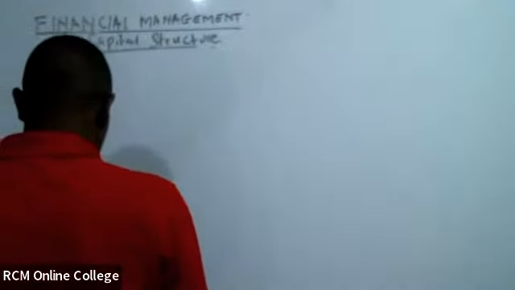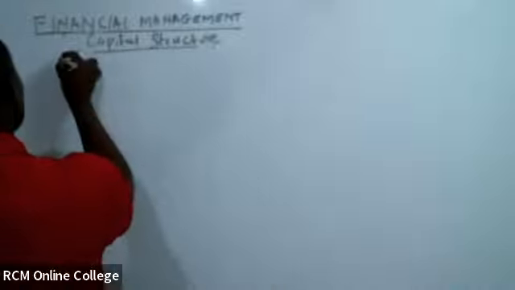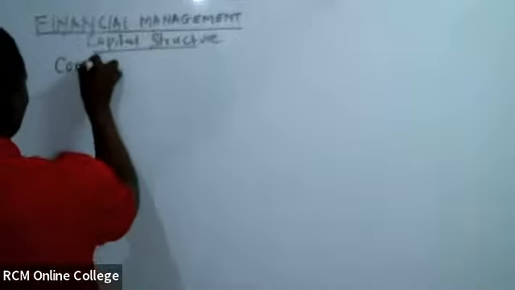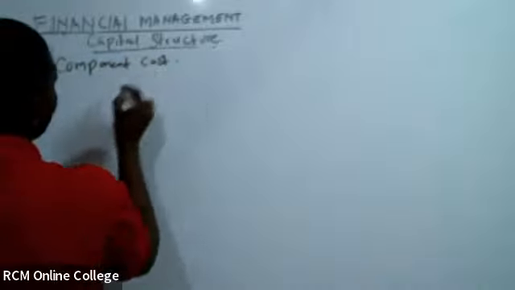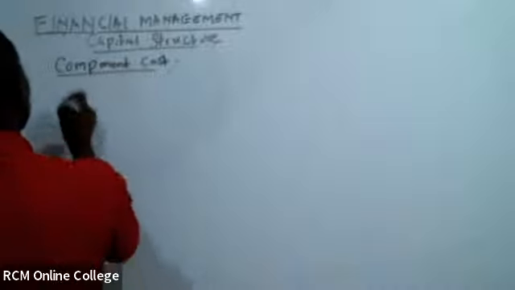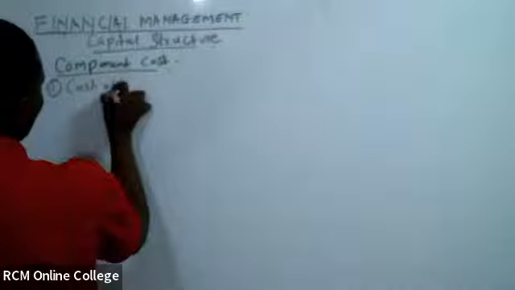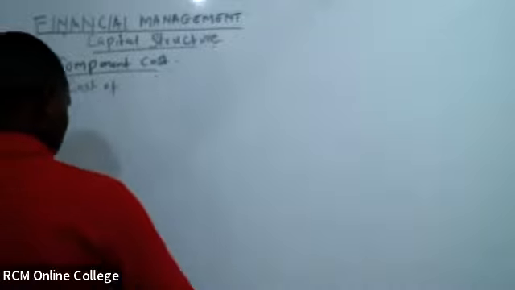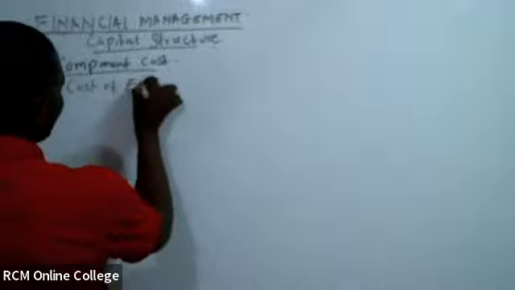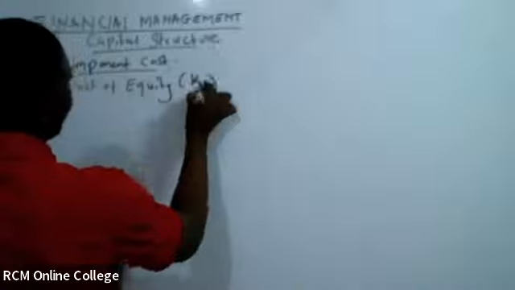Introduction. When you talk about the component cost, remember, you're just reviewing, revising. In component cost, the first one is the cost of equity, which is symbolized as KE.